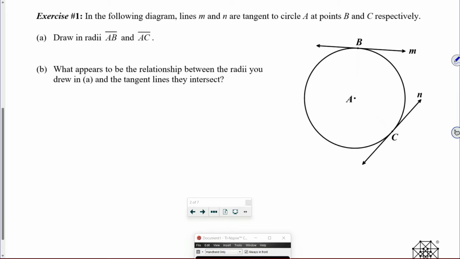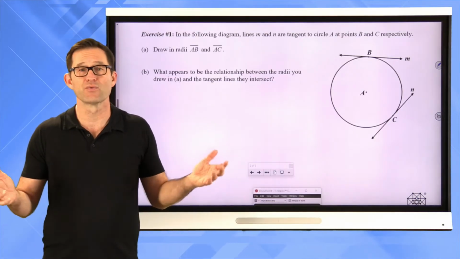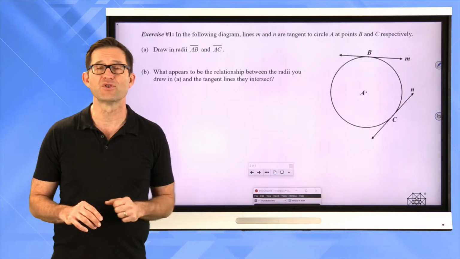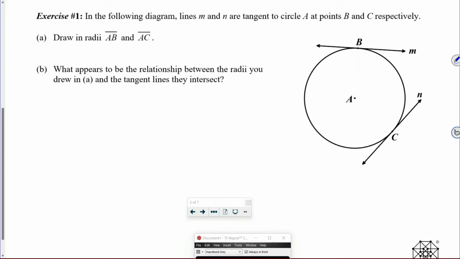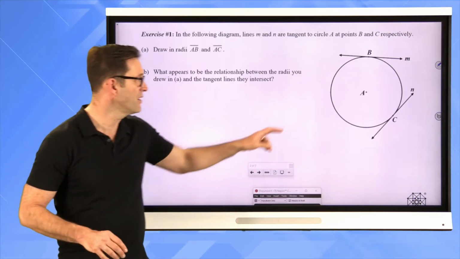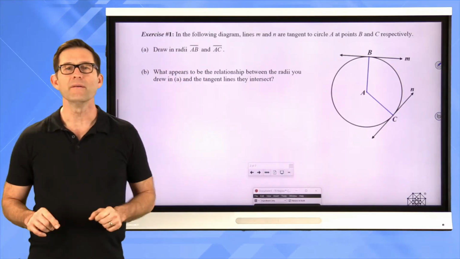Letter A, draw in radii AB and AC. Awesome. Go ahead and take your straight edge, ruler, whatever, and draw in those two radii. Pause the video now and go ahead and do that. All right, simple enough. Let's get them in there. There they are.